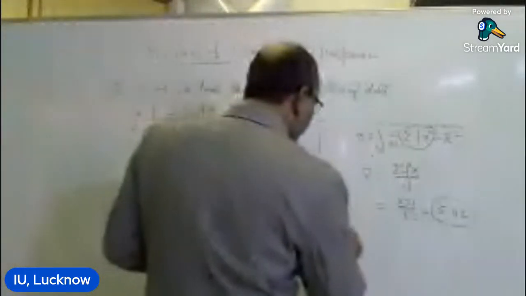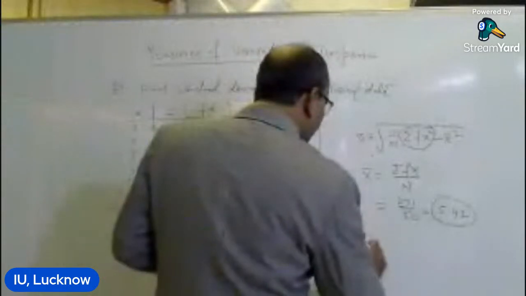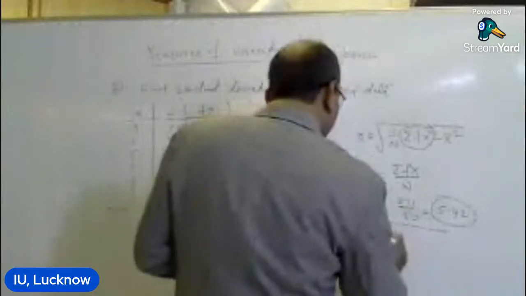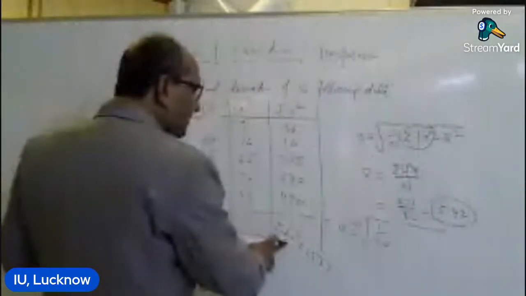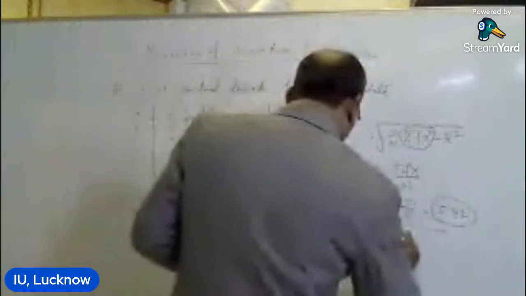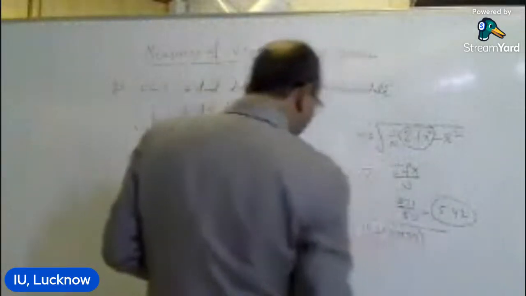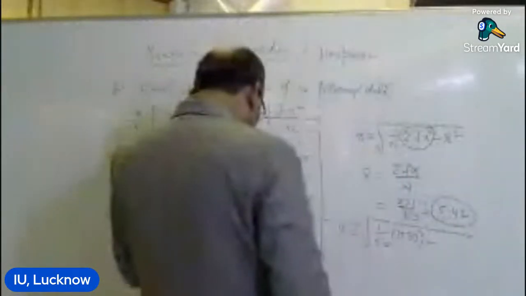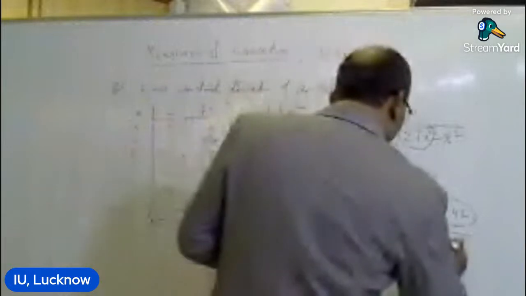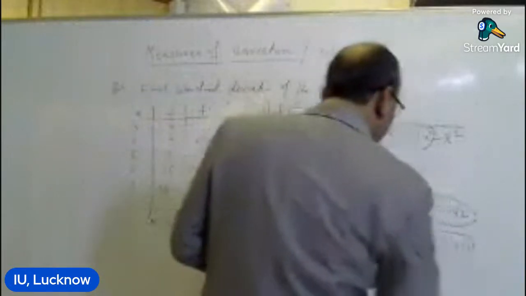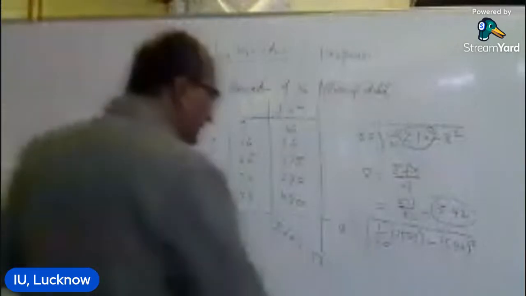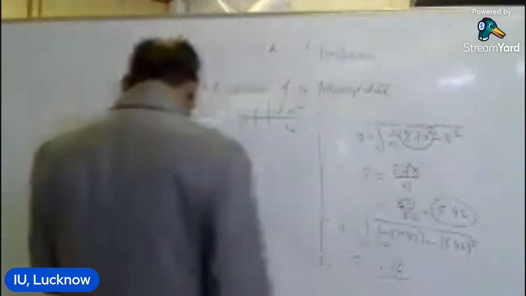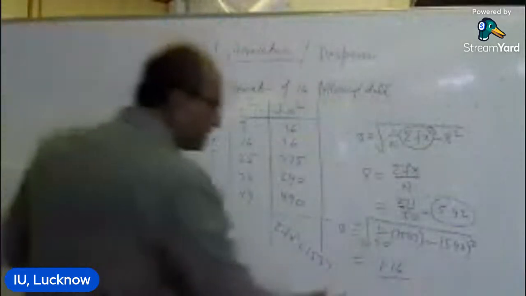So standard deviation is the square root of 1 upon n, 1 upon n means 50, summation fx square is 1537 minus x bar square. X bar is 5.42, squaring this. Now after simplification you will get the value of standard deviation, 1.16. This is the value of standard deviation.